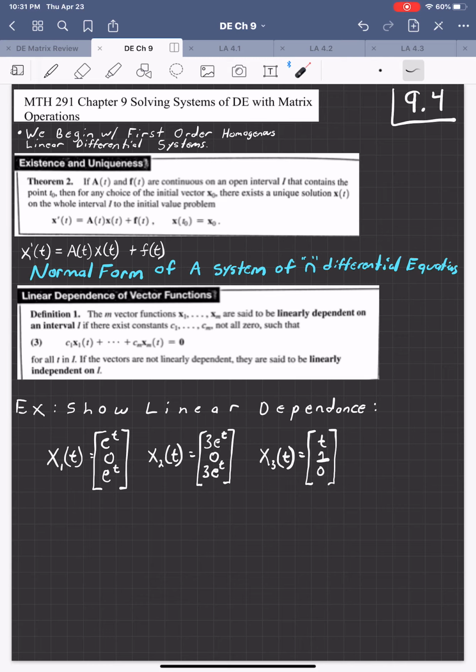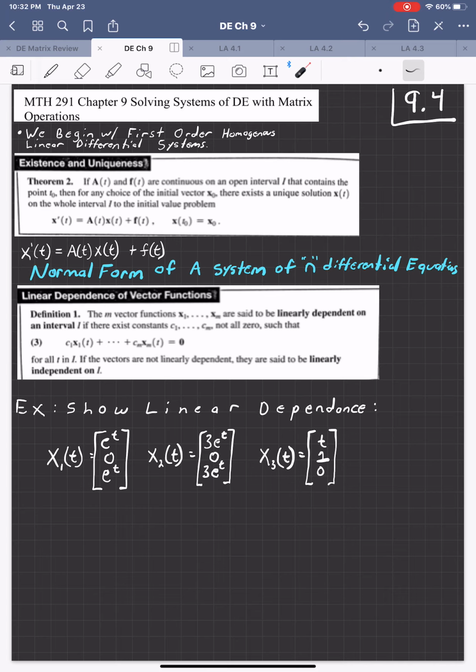Now I'm going to start, and you're going to kind of see me bounce a little bit. We're going to talk a little bit about linear dependence and linear independence. If you have a decent command over your vocabulary from linear algebra, this will be a lot easier.